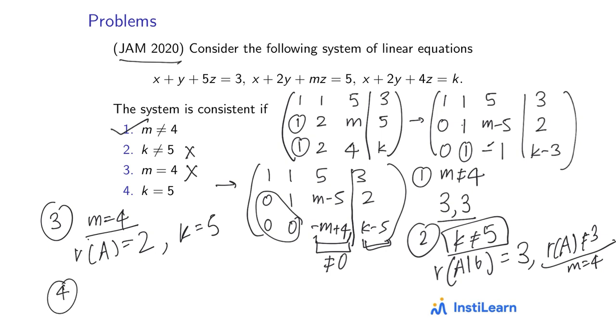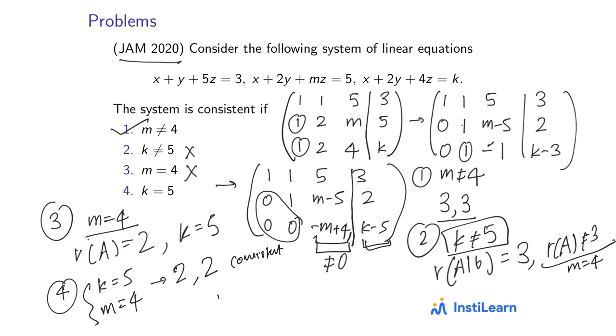So now the fourth is k equal to 5. So when k equal to 5, and if m equal to 4 in addition, then rank of A is 2, right, because the last row becomes 0, and since k equal to 5, the last row for the augmented matrix is also 0, so for both of them rank is 2 and the system is consistent.